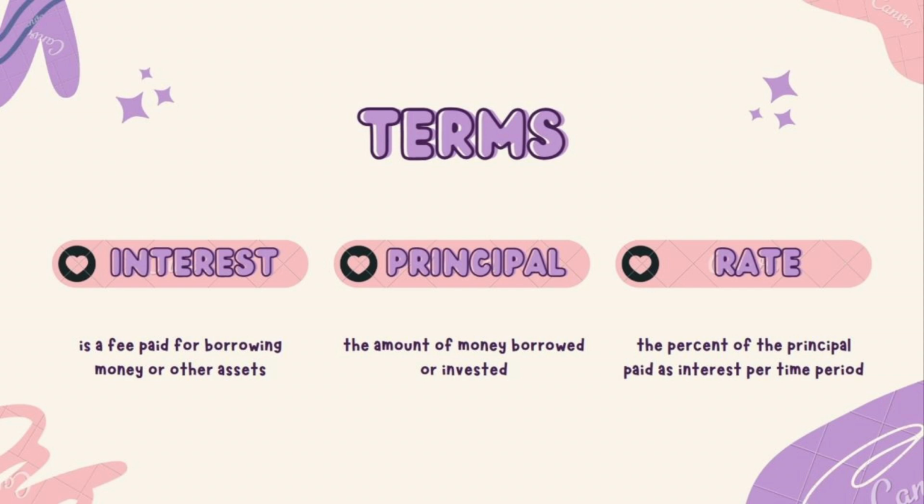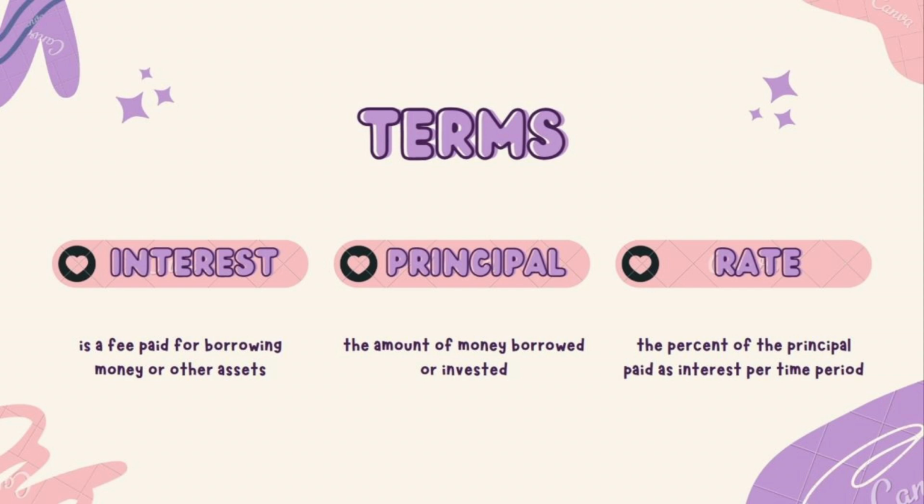So these are the terminologies that we use for simple interest. First is interest, or the capital I. It is a fee paid for borrowing money or other assets. Next is principal amount, or capital P, the amount of money borrowed or invested.